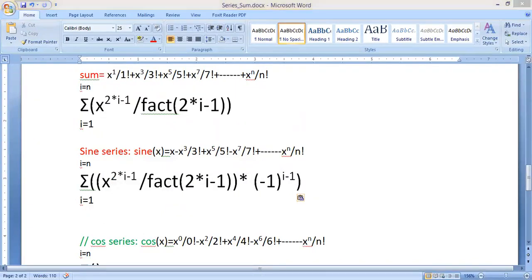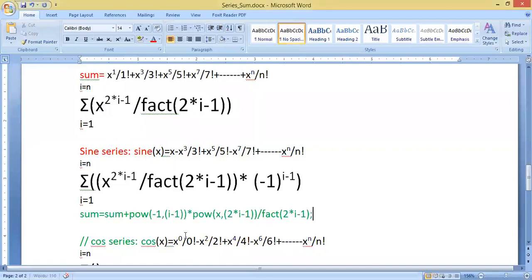So can we write this thing over here? Anybody has any doubt regarding this, please ask.